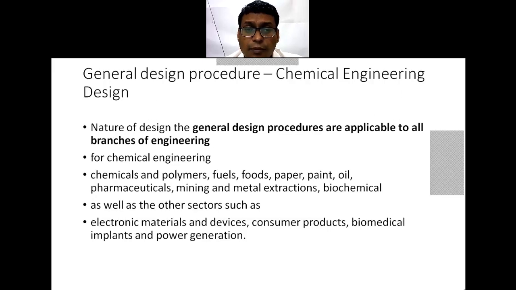Chemical engineers or chemical technologists are focused on the chemical industries, that is, chemicals, polymers, fuels, food, paper, paint, oil, pharmaceuticals, mining and metals, then biochemical industries. All these are in the scope of chemical engineering.